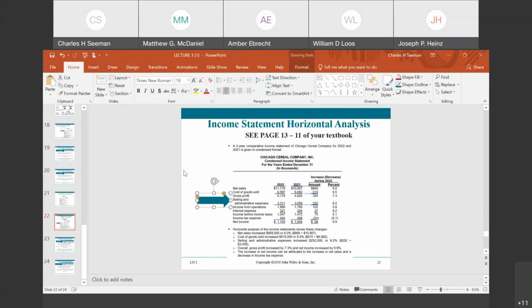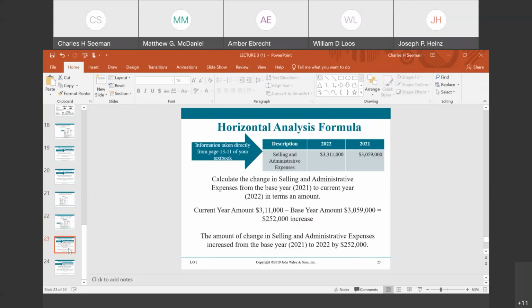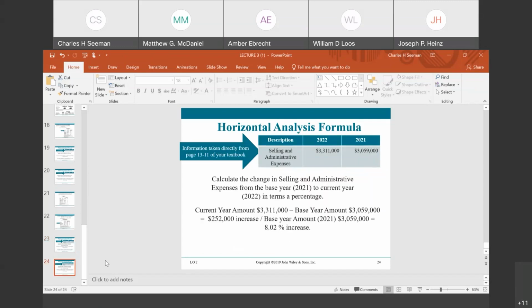So for example, I did selling and administrative expenses. Selling and administrative expenses for the base year was $3,559,000. And for 2022, it was $3,811,000. The amount it went up was $252,000. Percentage is 8.02%. Everybody okay?